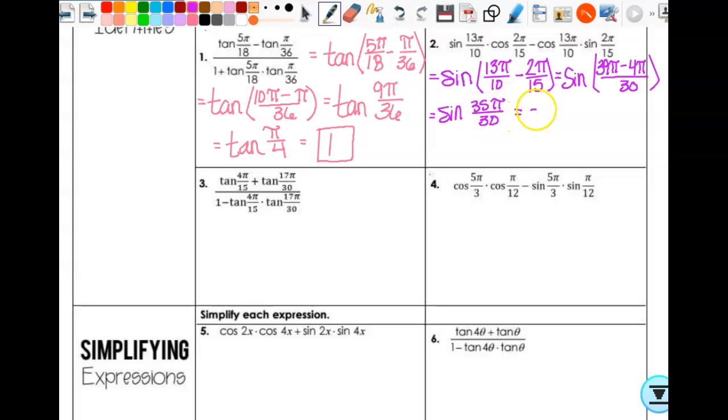What does that reduce to? 7 pi over 6. All right. So the sine of 7 pi over 6, is that going to be positive or negative? Negative, and it's a negative what? 1/2.